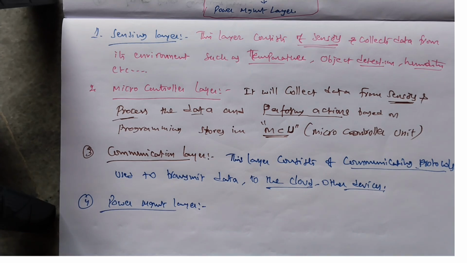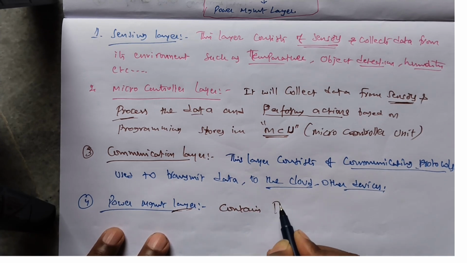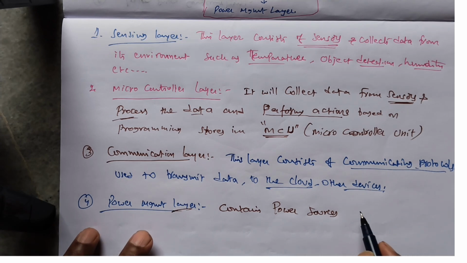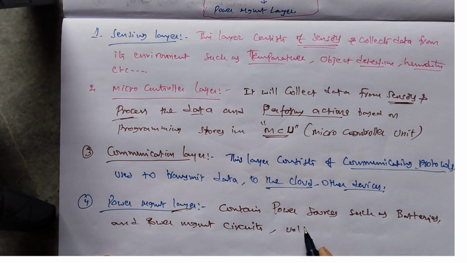The power management layer is nothing but this layer consists of power sources such as batteries, power management circuits, voltage regulators.